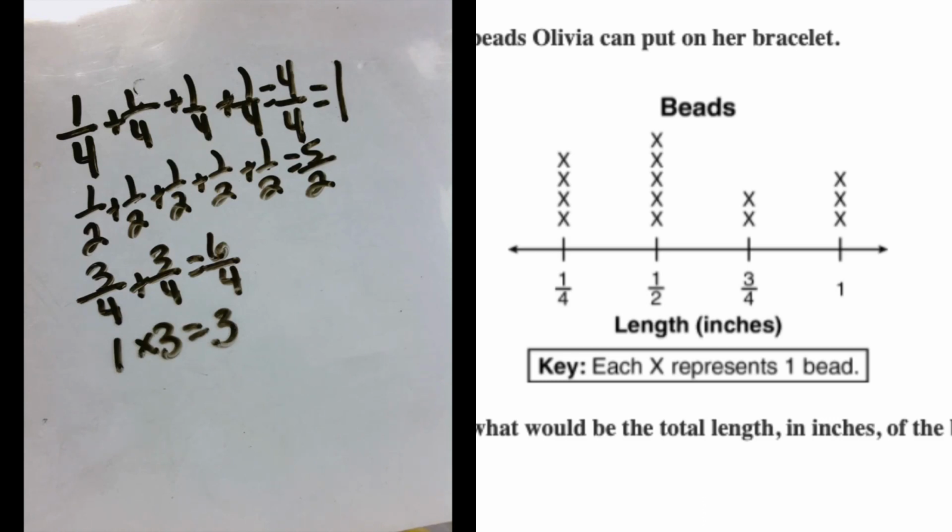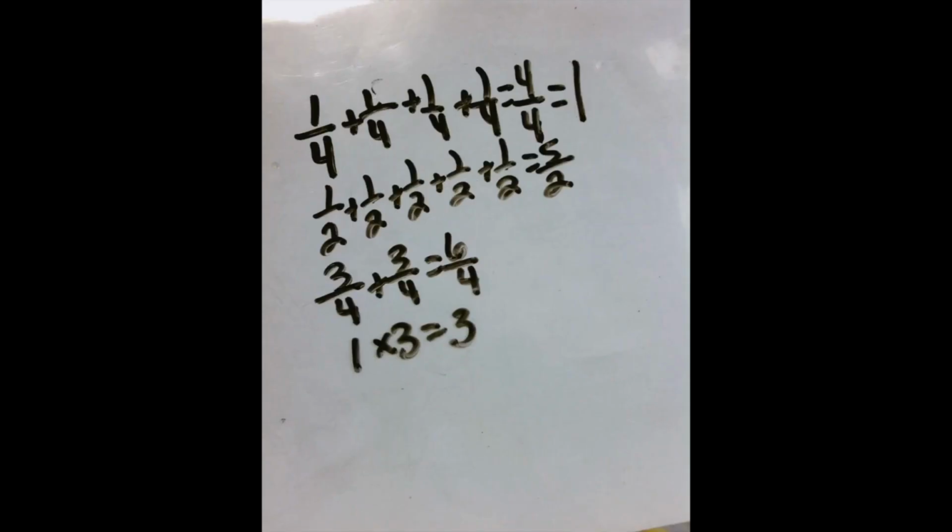To do that, I need to think, how many groups of 2 are there in 5? There's several ways I can do this. My favorite way is to skip count by 2 and see how many times I can skip count by 2 before I go over 5. So if I go 2, 4, 6 is too high.